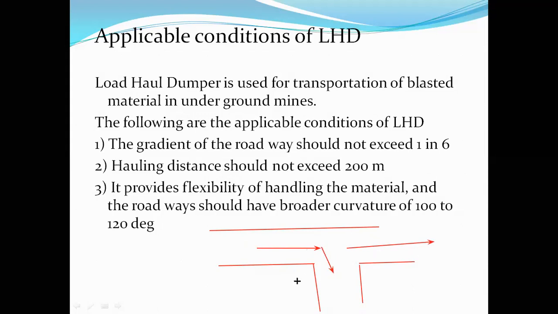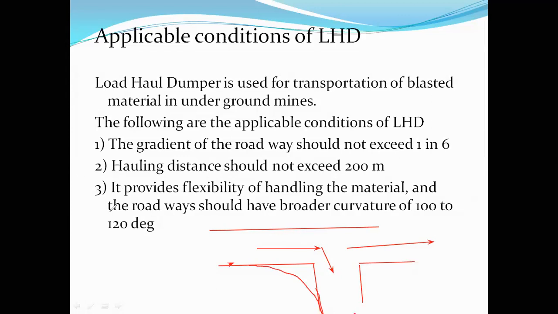If the machinery wants to take a turn, you need some kind of curvature. It has to be connected like this so that it can take the curve very easily.